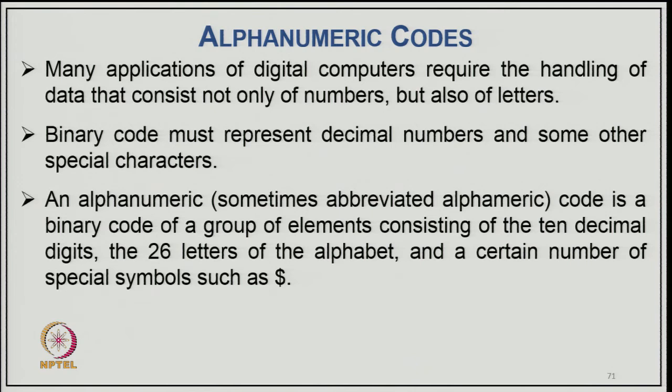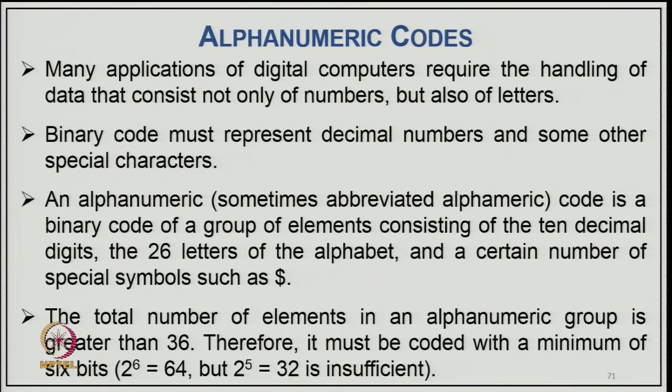Alphanumeric code is the binary code of a group of elements consisting of the 10 decimal digits, the 26 letters of the alphabet, and a certain number of special symbols, such as the dollar sign. So, the total number of elements in the alphanumeric group is greater than 36. Therefore, it must be coded with a minimum of 6 bits: 2 to the power 6 is 64, but 2 to the power 5, which is 32, will be insufficient because there are 36 elements. So, you need 2 to the power 6, that is 64.